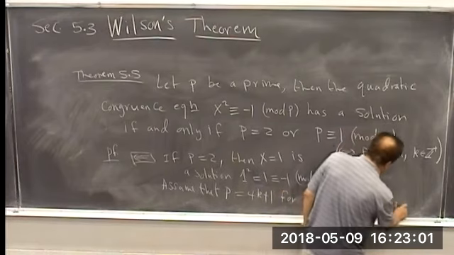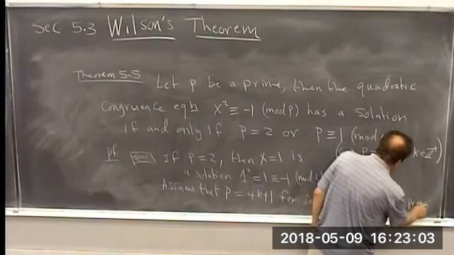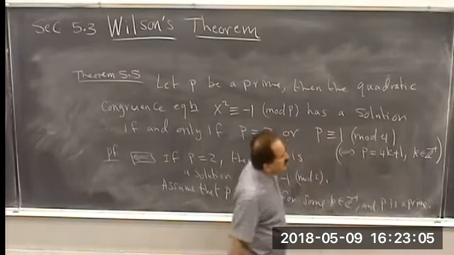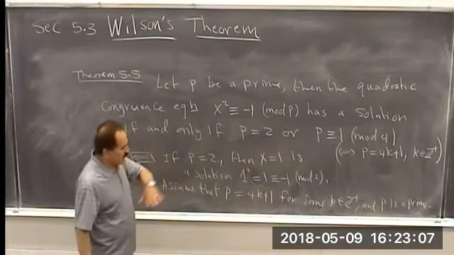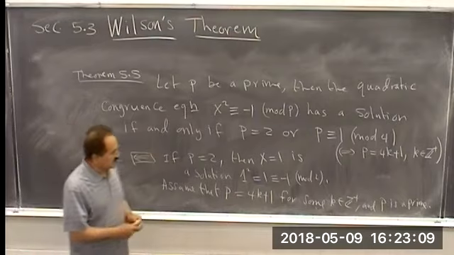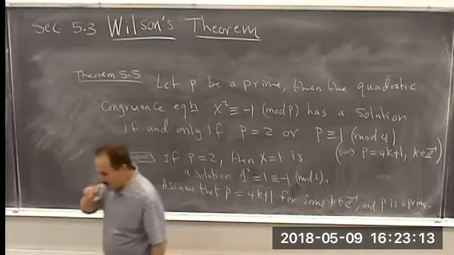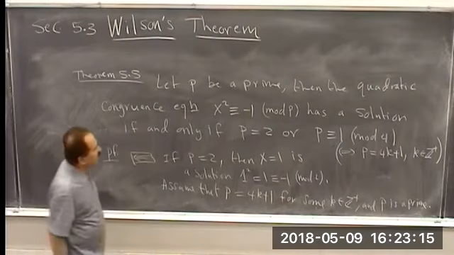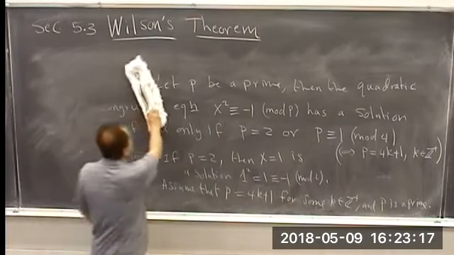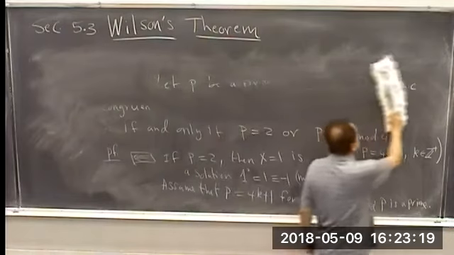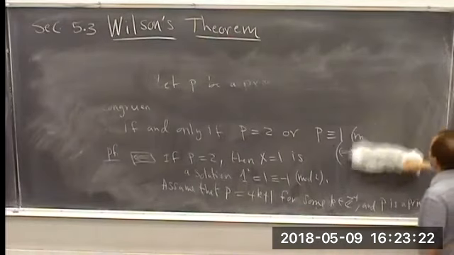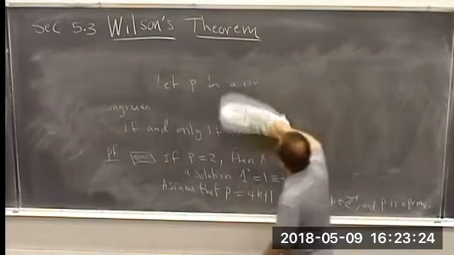And of course p is a prime, so that this one is of this form. Remember that not every number of this form is a prime. Some of them are prime, some of them are not. Now this is what I'm going to do. I'm going to look at p minus 1 factorial. That is what we have in Wilson's theorem.